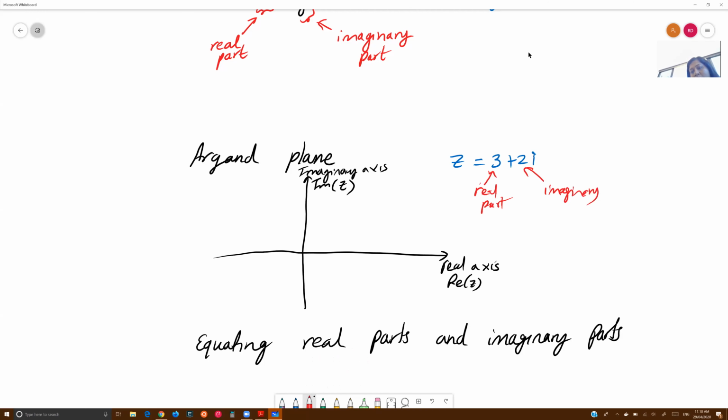I'm going to be plotting the real part on the real axis, so 1, 2, 3, 3 across, and then on the imaginary axis, it's 2 high. So this here is my complex number z, 3 plus 2i. This diagram where you've got the imaginary and the real axis is called the Argand plane.